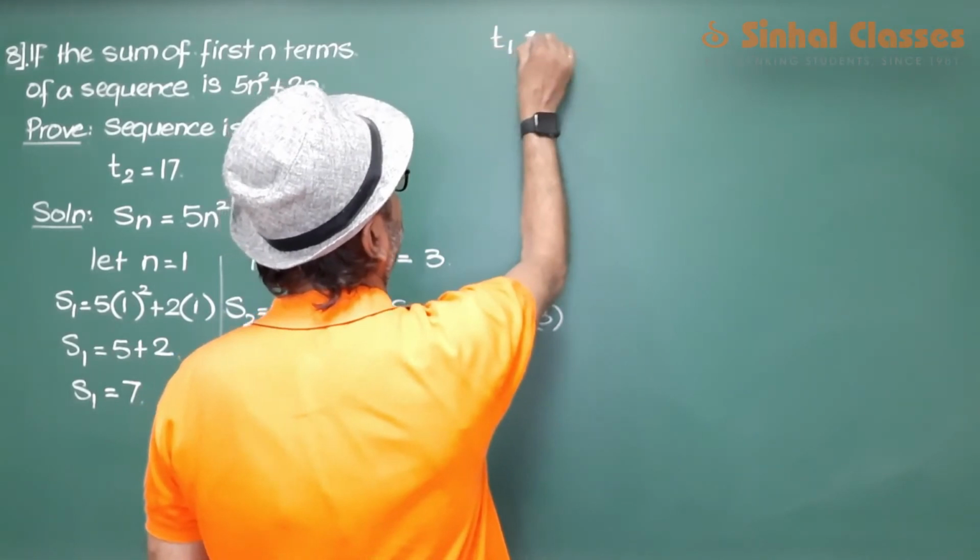Two into a plus n minus 1, which we've just found out 250, into d. So Sn is 125 into 4 plus 249 into 2.